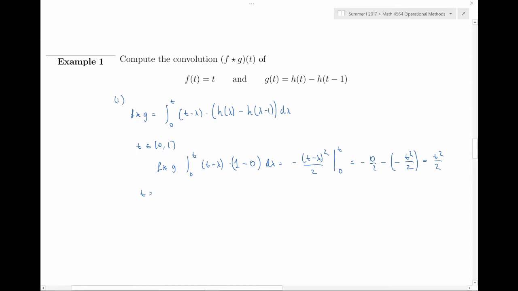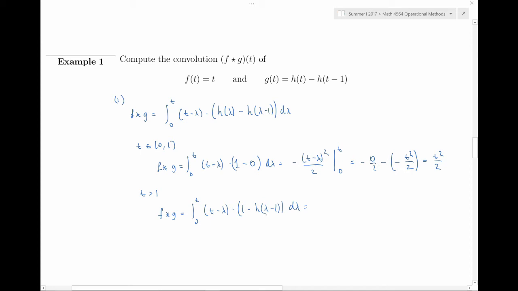When t becomes larger than 1, the convolution becomes the integral of t minus lambda times 1 minus h of lambda minus 1 d lambda. And h of lambda minus 1 will turn everything to 0 as soon as lambda reaches 1.